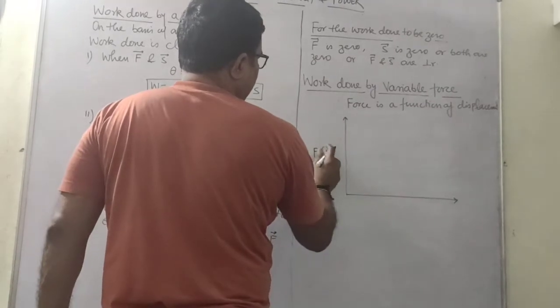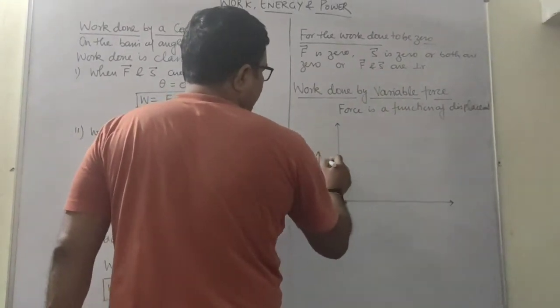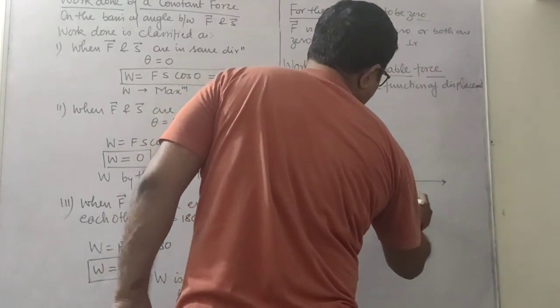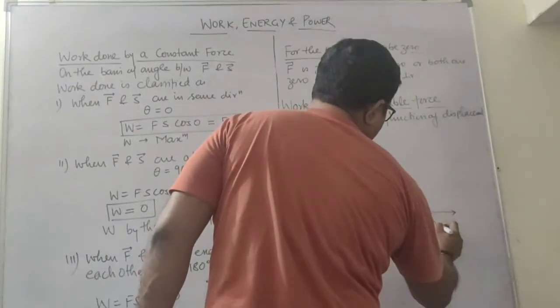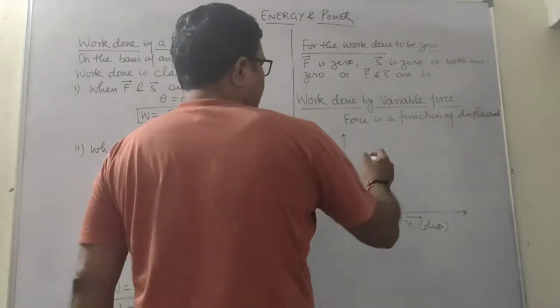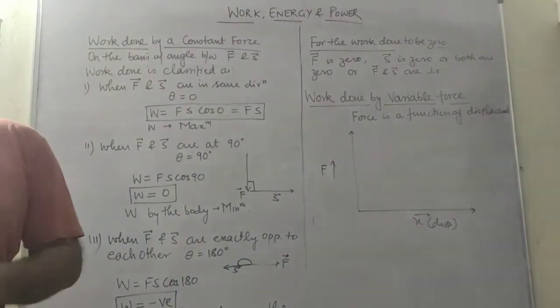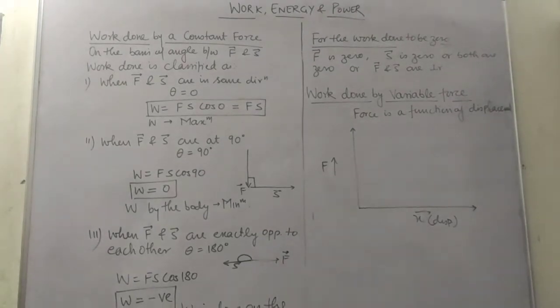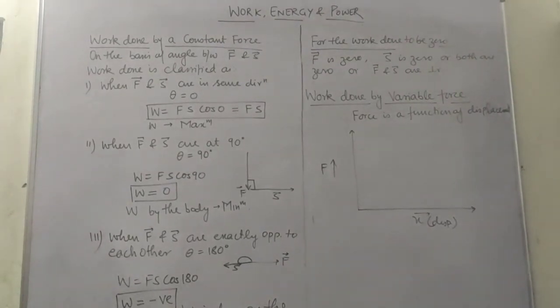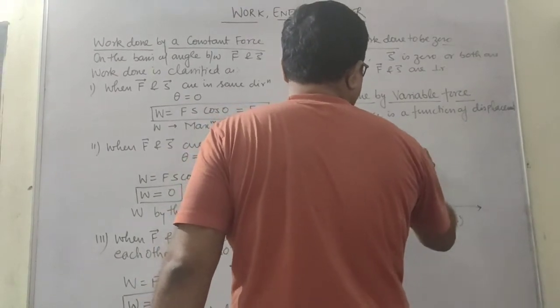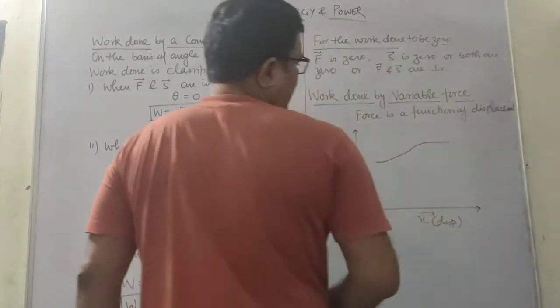This is force, a function of displacement, and this is displacement. Now here, as the displacement goes on, force is also varying, and the graph is represented by this.